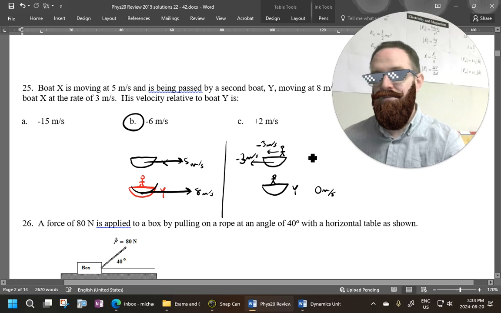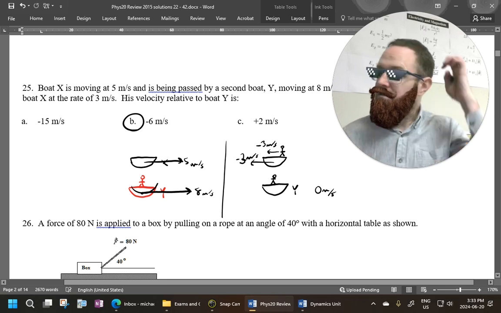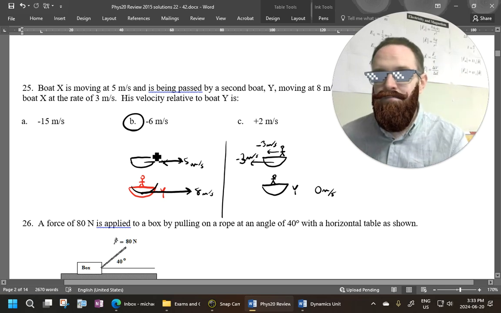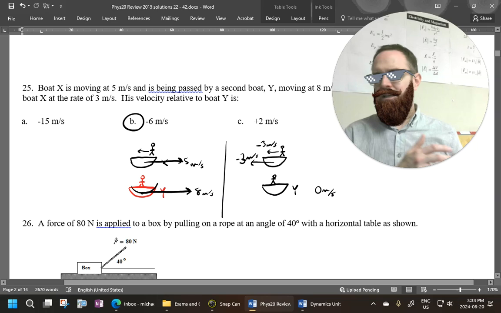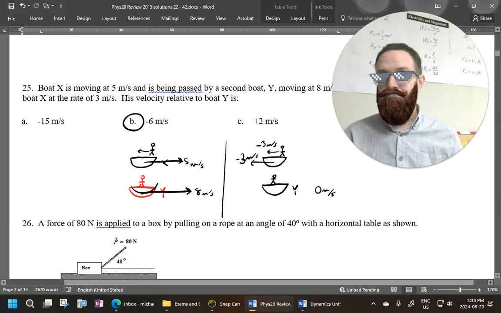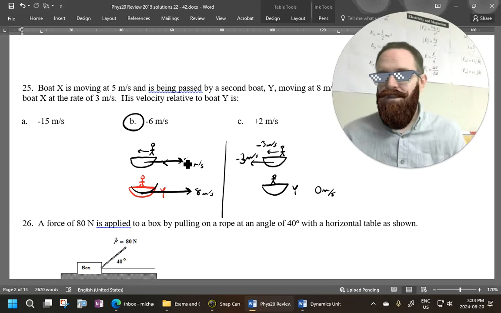So it's 2 negatives here. I'm going to draw this guy back on here too. His overall velocity is minus 6. There you go. That's how it works.